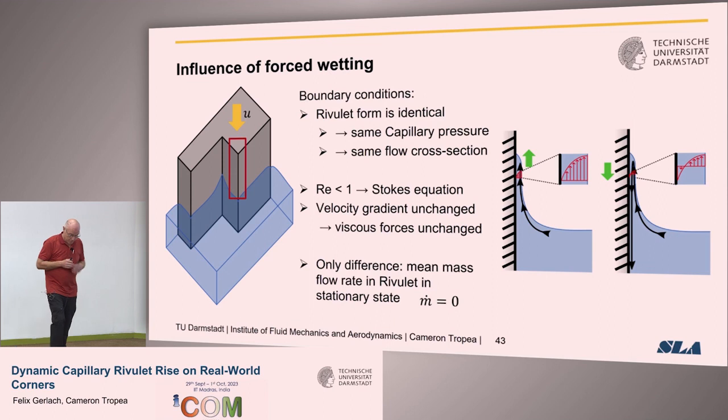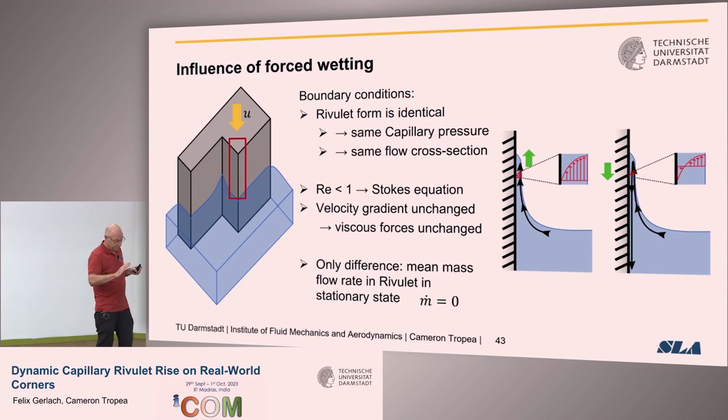It's a fairly simple assumption we're making: if the rivulet was rising on a stationary wall and came to some height, where it has a certain curvature, then we put that aside, and now have the wall coming down, and the rivulet has some stationary height.